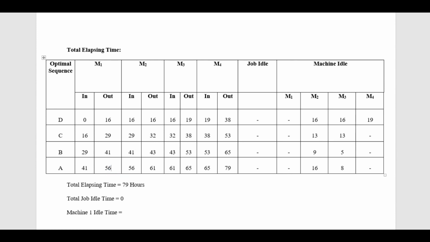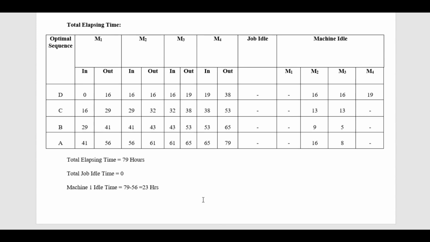Once the cycle is completed, the next cycle will be started. So until then, machine 1 should be in idle condition. So the cycle takes 79 hours to complete, but machine 1 completed its entire processing at the 56th hour. So 79 minus 56 equals 23 hours. So machine 1 idle time will be 23 hours.